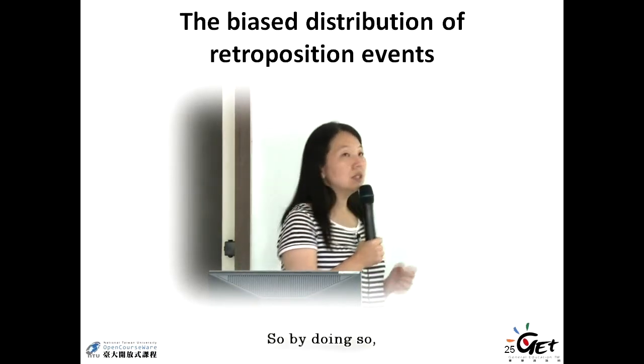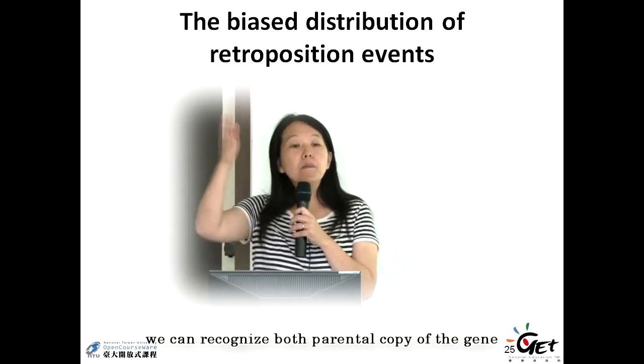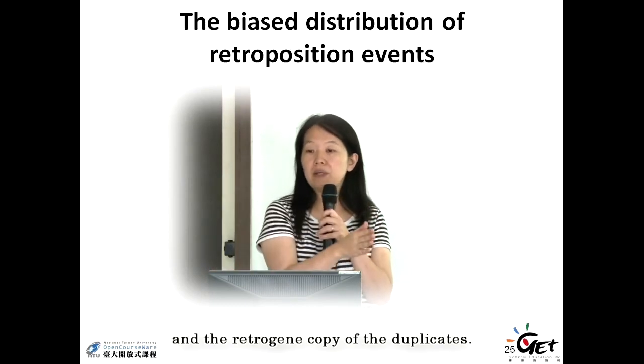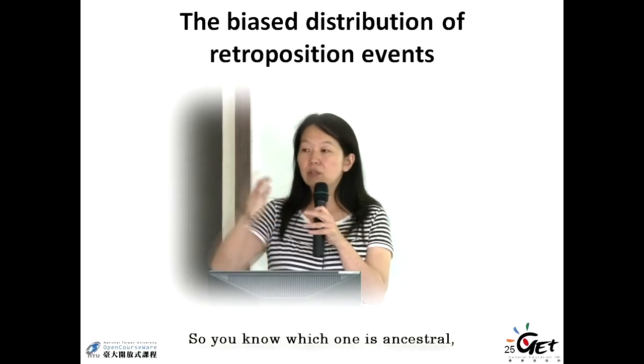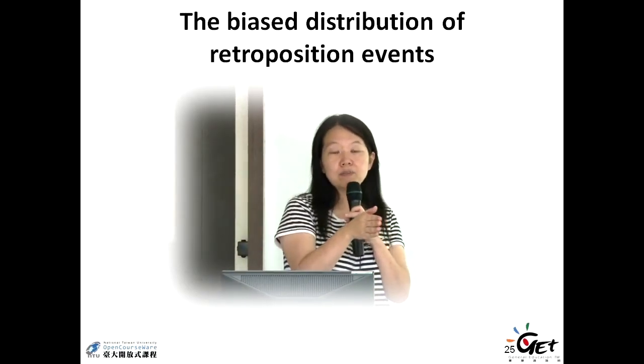By doing so, in a single genome, we can recognize both the parental copy of the gene and the retrogene copy of the duplicate. So we have the direction. You know which one is ancestral, which one is derived.